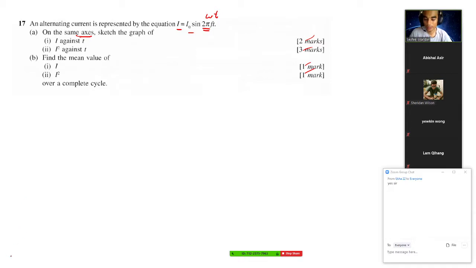So you have here axis one. We do I first. I against t. You know that I naught is the maximum value, and we know that it's using sine, not cos. If using cos, we start with the maximum, then go down to the minimum.